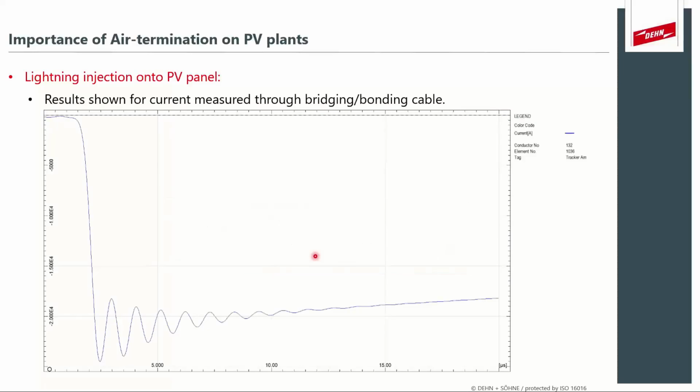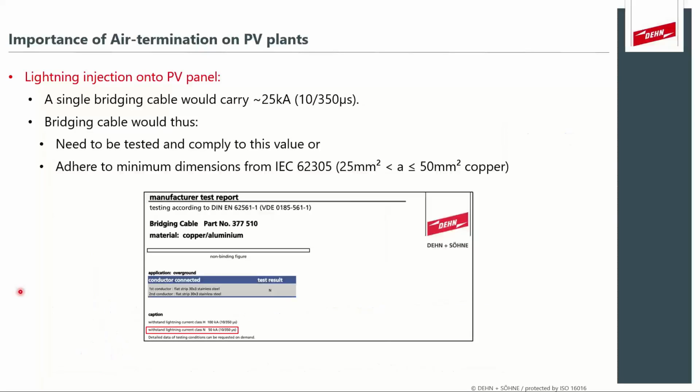Now, if we look at what current is going through that bonding cable or the bridging cable, the bridge across that plastic bearing, again, you can see that it's up to 25 kiloamps. This is okay when you start using tested components that can actually carry this type of lightning current.